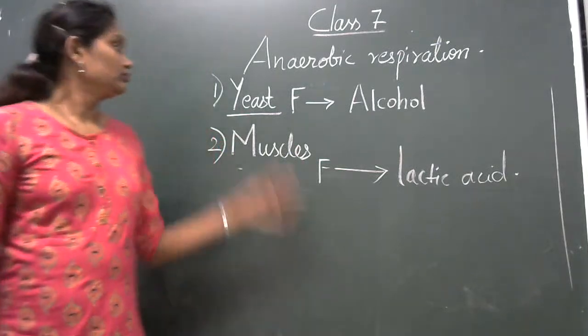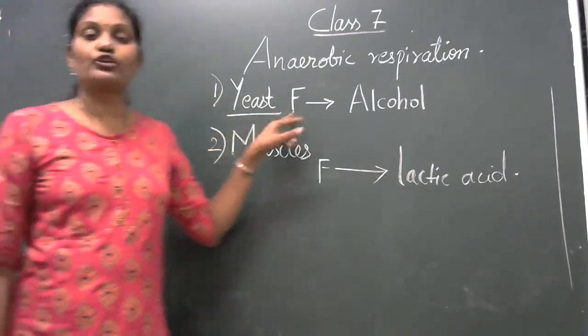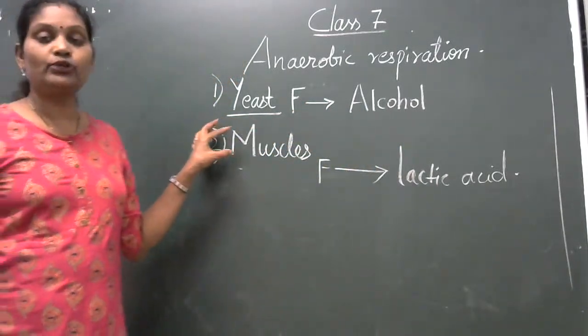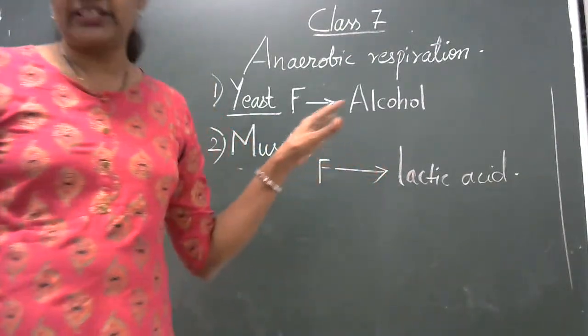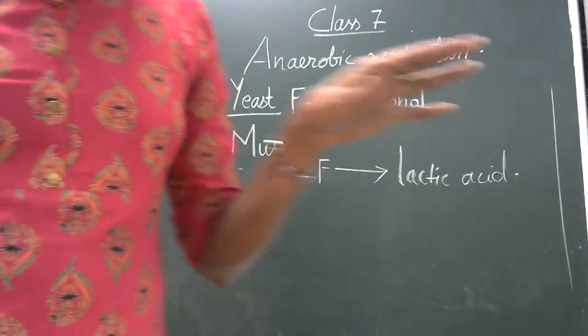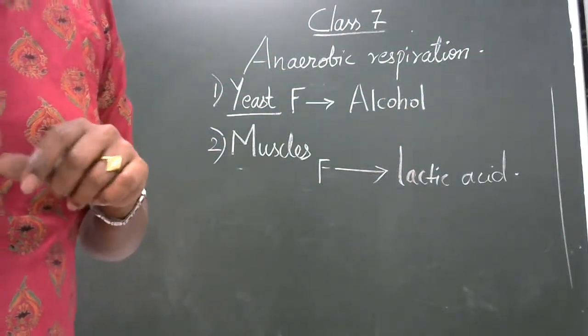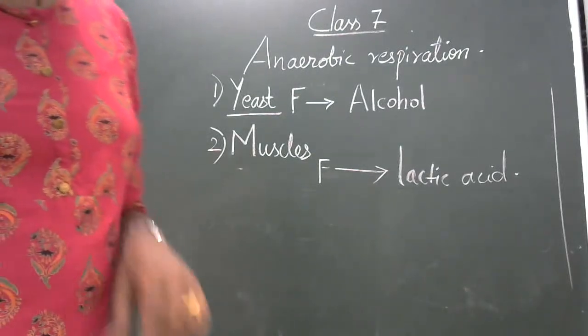So we have seen in yeast the food is converted into alcohol. In human beings, it is the muscles only where anaerobic respiration takes place. Okay, so what are these yeast? These are single celled organisms.